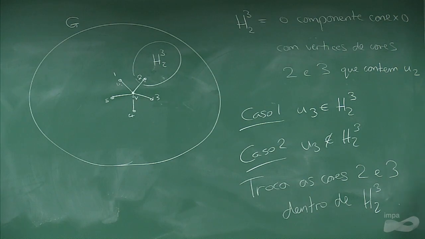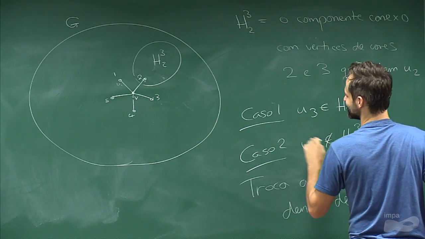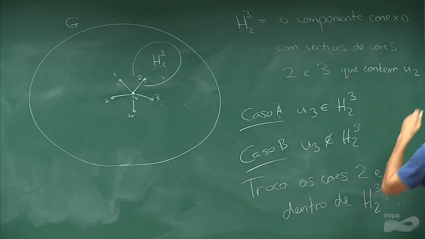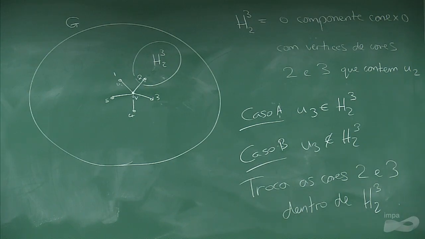So really, these are not the correct cases. So perhaps I should, I'll call them A and B. Now really the cases. So case 1 is that there exists i and j such that Uj is contained in Hij.